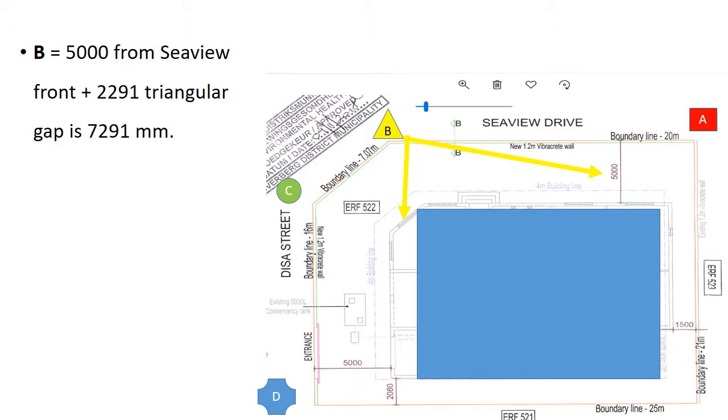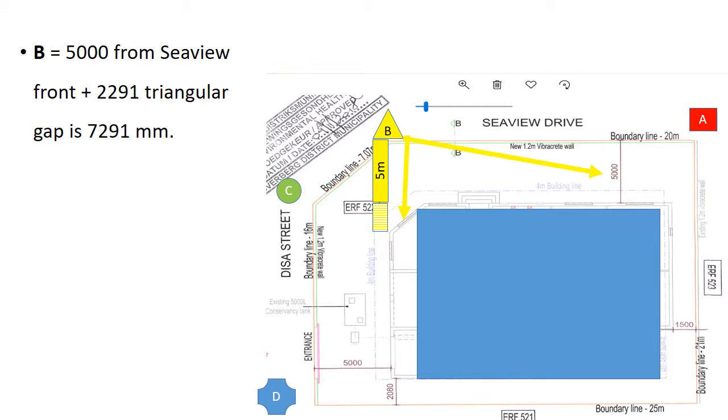B is 5000 from the boundary line, plus the 2291 that is part of the triangle.